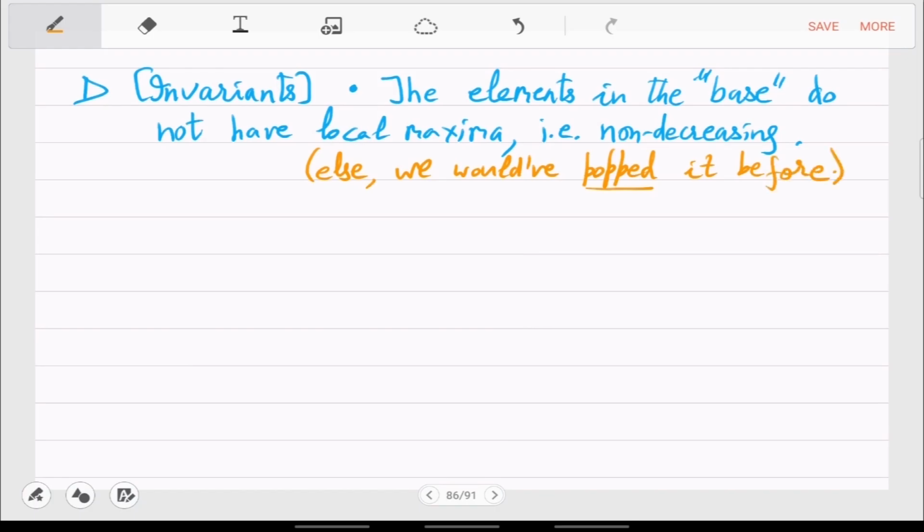As we are incrementally building the stack, we would have popped that out if the sequence of operators was not non-decreasing. And yeah, that basically is it. So once you observe this and prove this, I think you can see that the pseudocode or this idea will give you the correct answer.